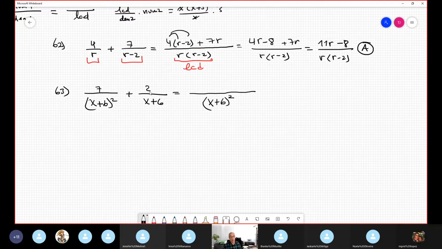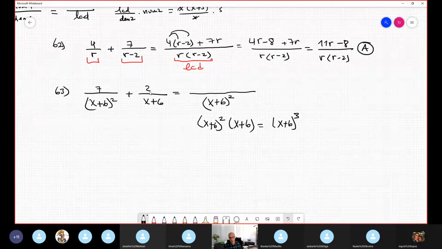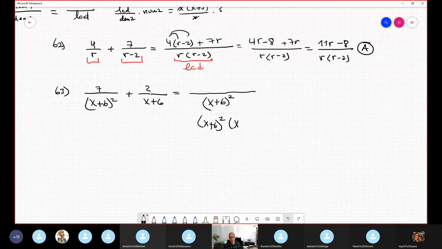Okay? Not both, so this is completely wrong. If you take x plus 6 squared and x plus 6 together, actually it should be x plus 6 cubed. That is common, but not least common. The least common is you take the bigger exponent.